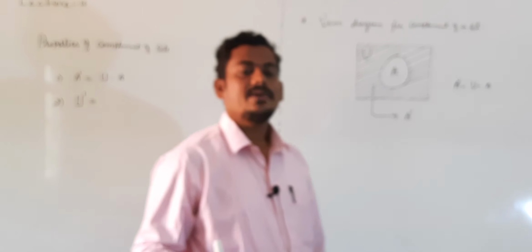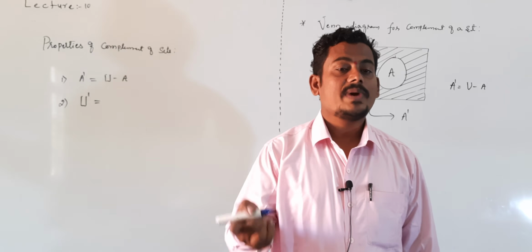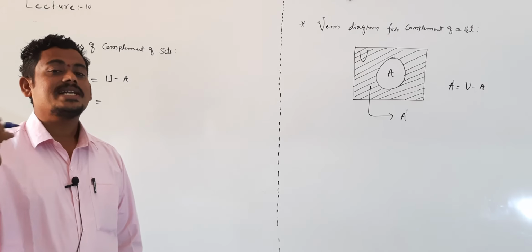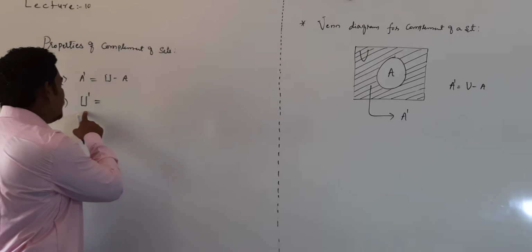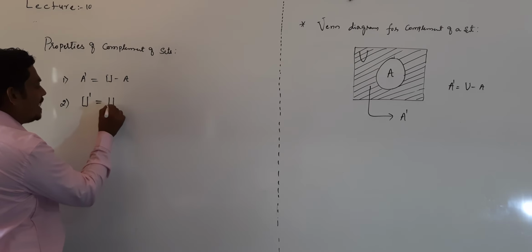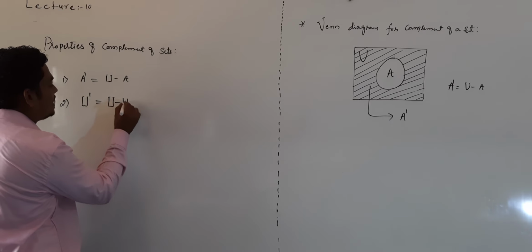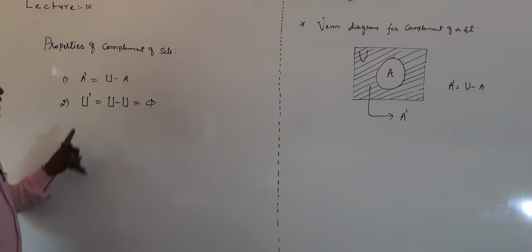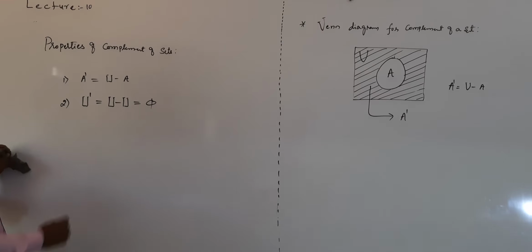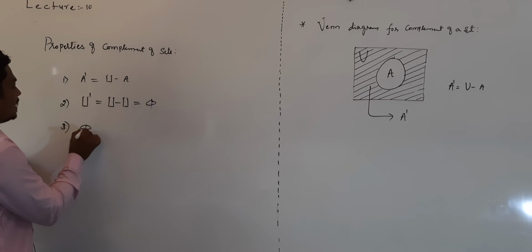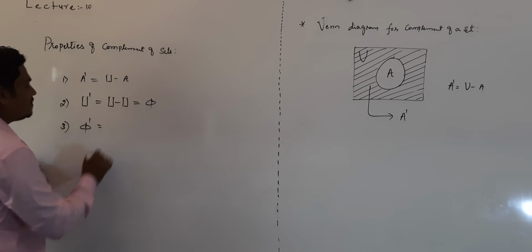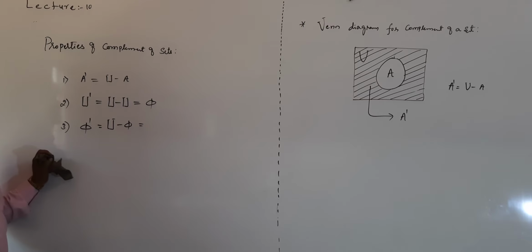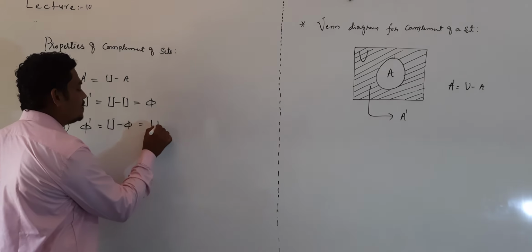By definition of complement, U complement means U minus U only. U minus U is not 0. In sets don't write 0, instead of 0 write null set. U complement is nothing but universal set minus universal set, clearly it is null set. Then complement of null set, by definition, is U minus null set. U minus null set, which has no elements, means universal set only.